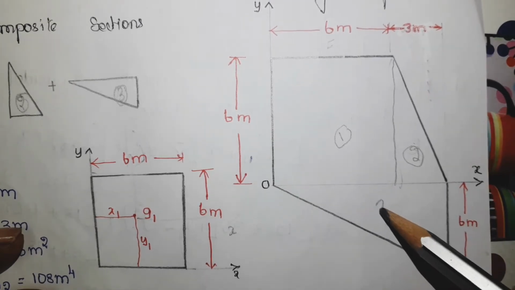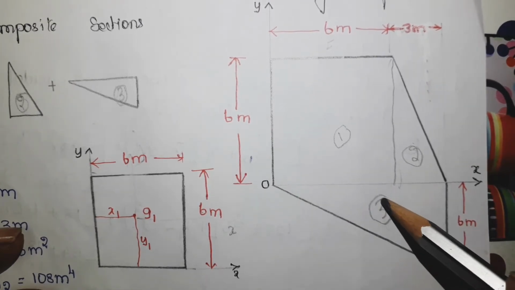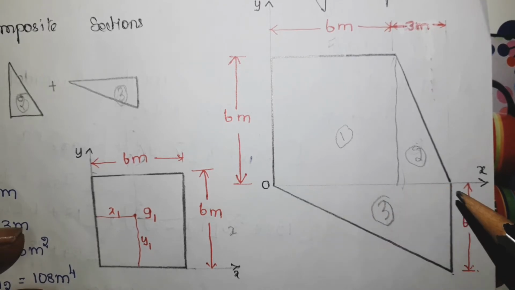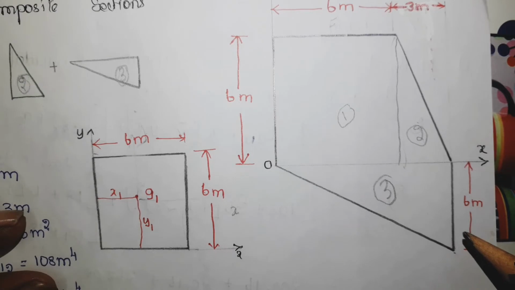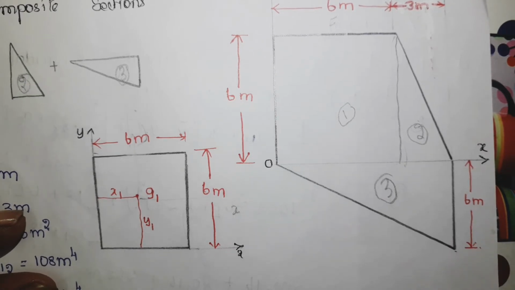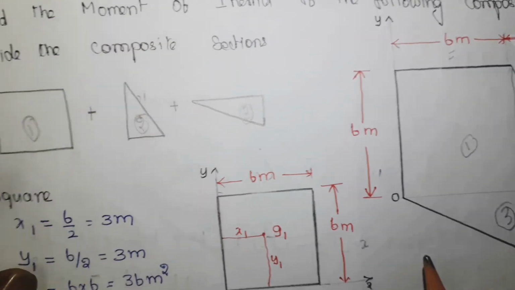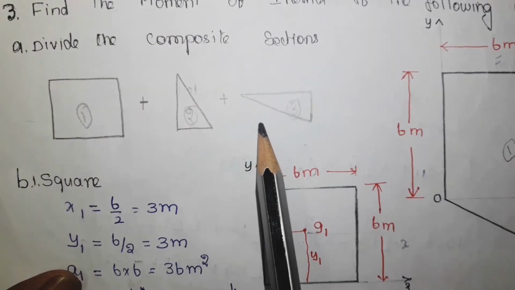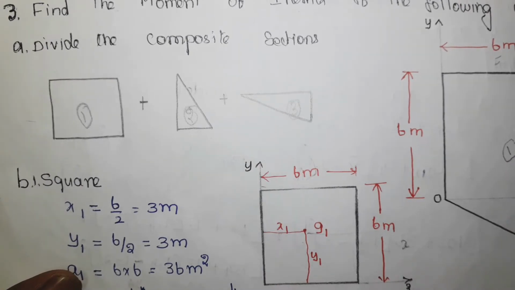Then third one can be another triangle of dimension, here it is 6 plus 3, 9, and here it is 6. So these are the divisions of composite section. Here also I have done, a square, a triangle and another triangle.